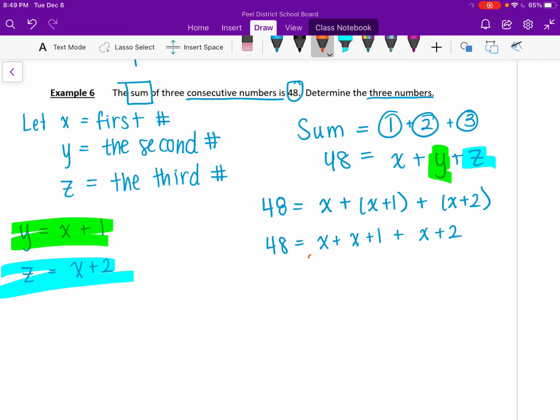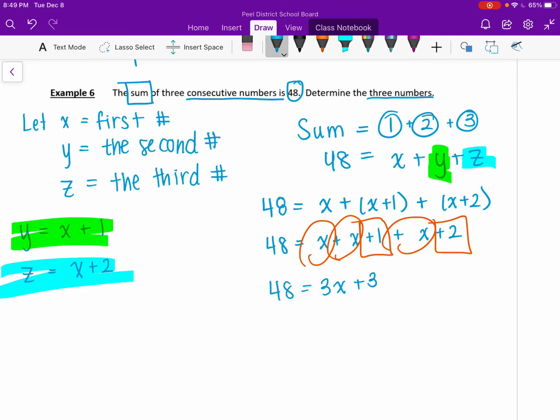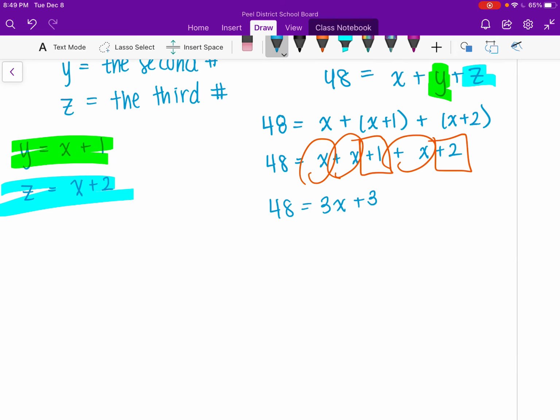Let's collect our like terms. We have x, x, x, so that's 3x. So 48 is equal to 3x plus 1 plus 2, which is just plus 3. Right, so I have positive 1, add positive 2. That gave me positive 3. So I have 48 is equal to 3x plus 3.